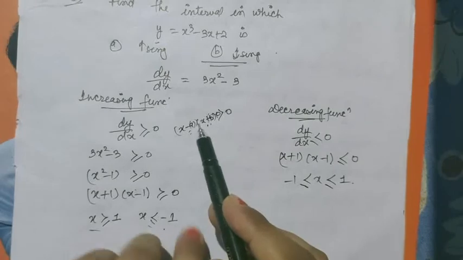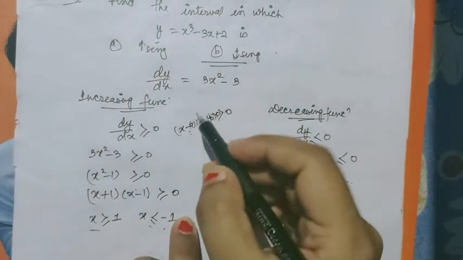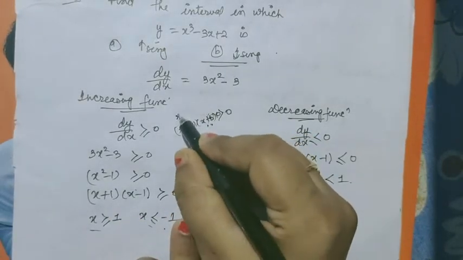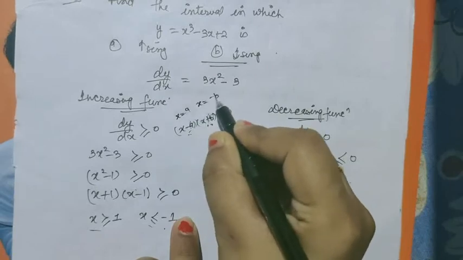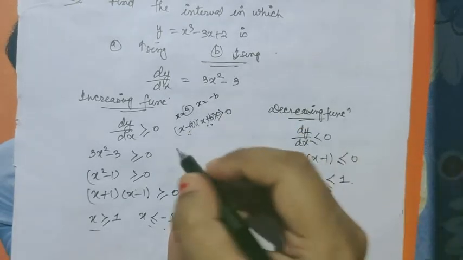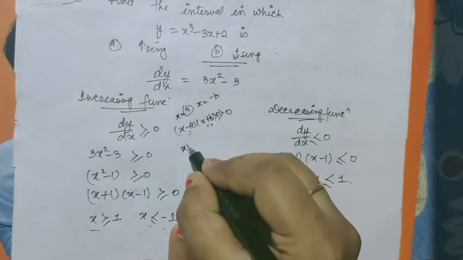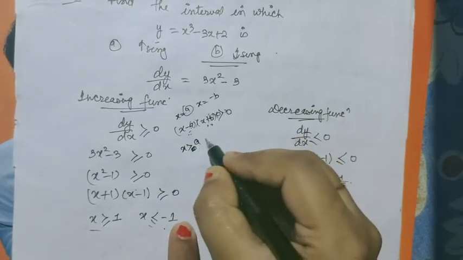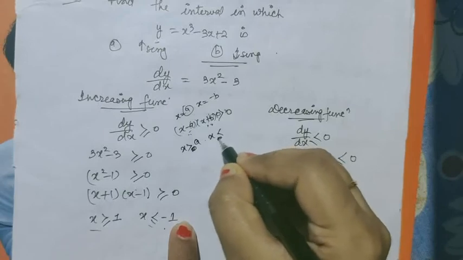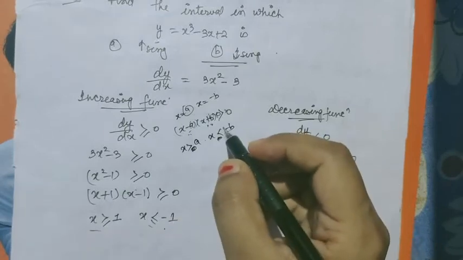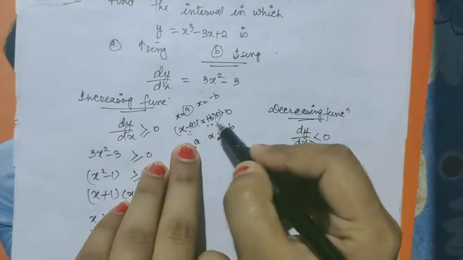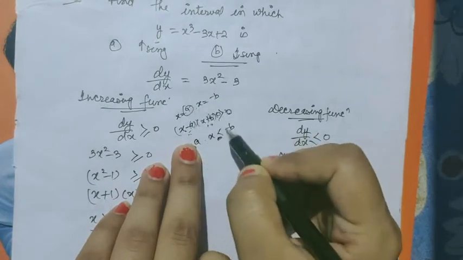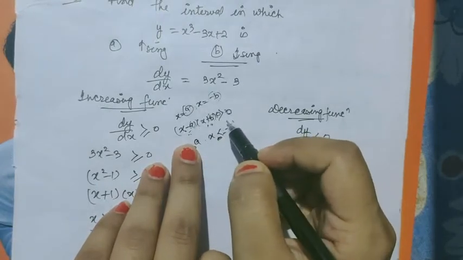Whichever is greater, if we take x equals a and x equals minus b, here a is greater, so we can write it as x is greater than a and x is less than minus b. In this case you can write simply that x is greater than the greatest value and less than the smallest value.